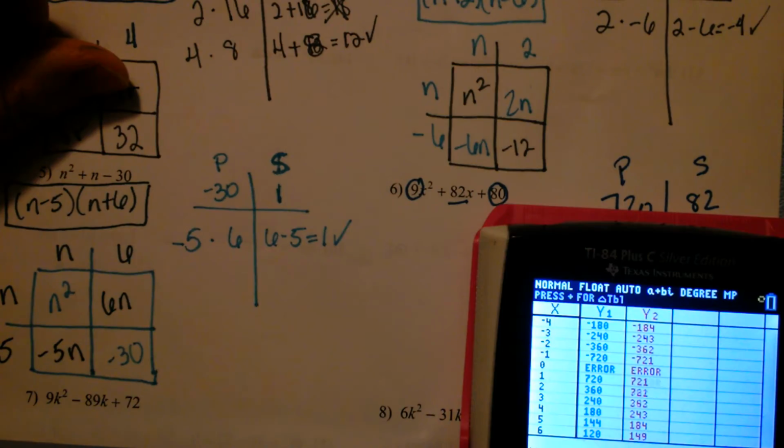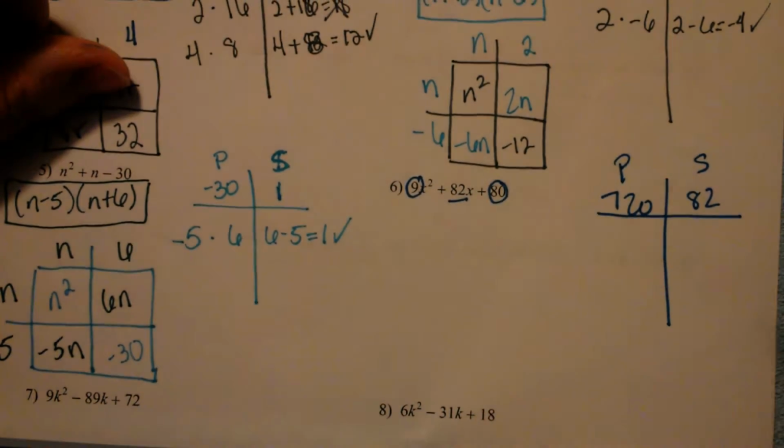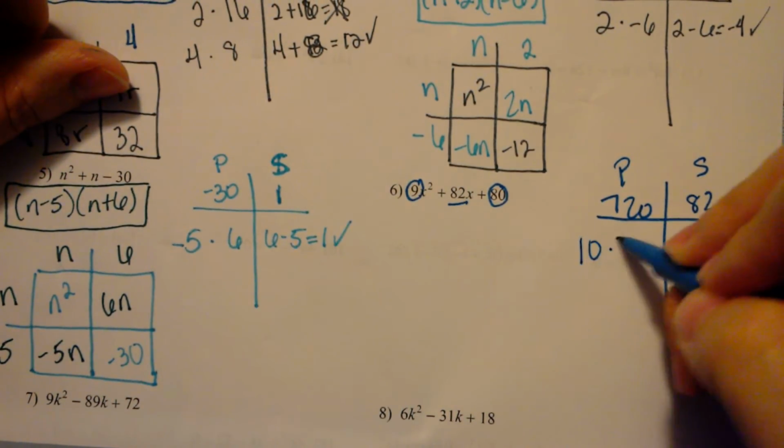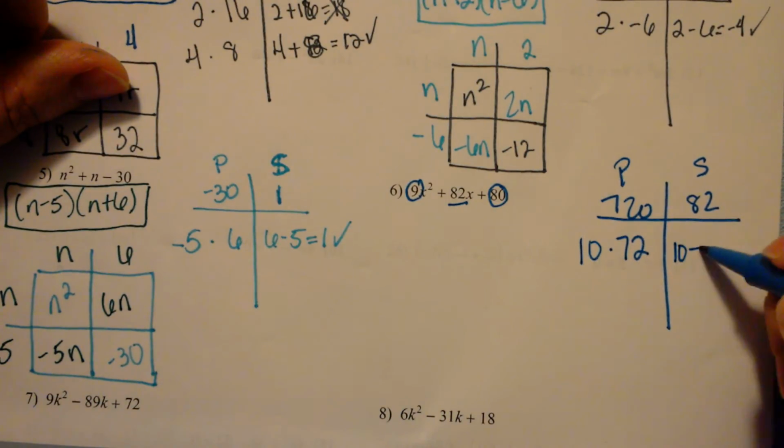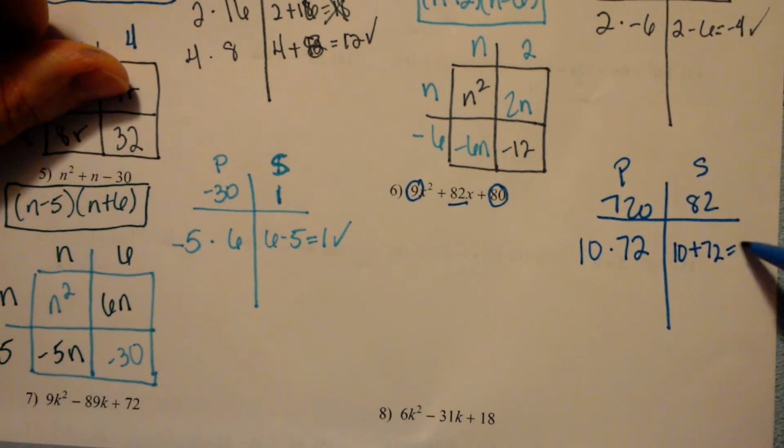So that's my red column. You need to find 82. There it is. So my sum is 82, so the two numbers I'm going to use are 10 and 72. So 10 times 72 is 720. Then 10 plus 72 is my 82.